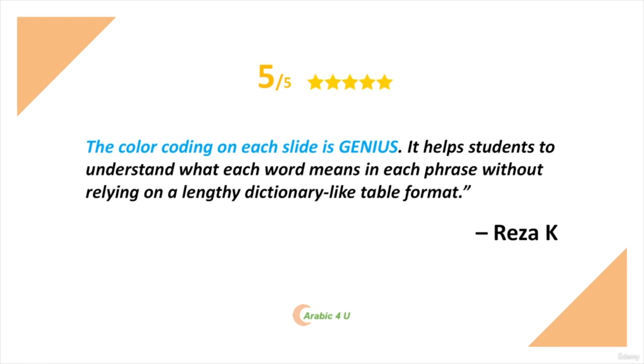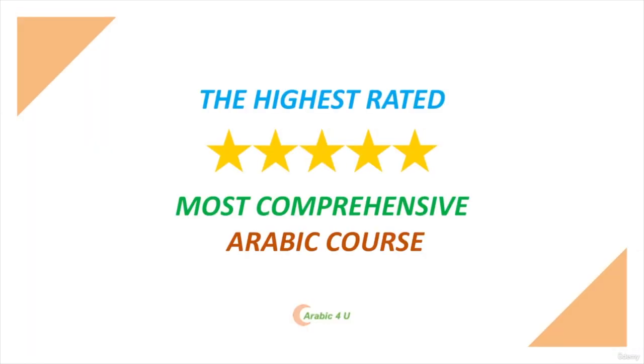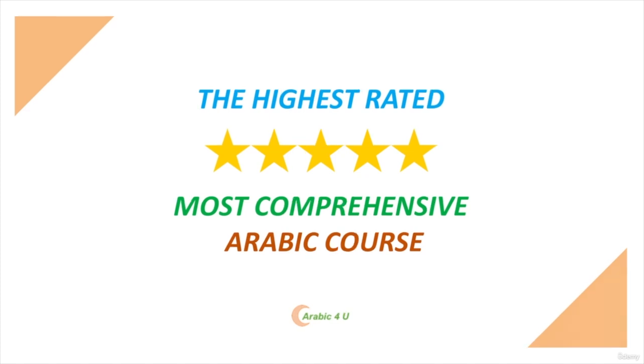So basically, here I use color coding for what this gentleman said, which is to understand what each word means, but I also use color coding because the brain retains things that are in different colors better than a whole paragraph written in one color. So thank you, Riza. Now the second reason is that this course on Udemy has always been the highest rated, most comprehensive Arabic course for a long time.